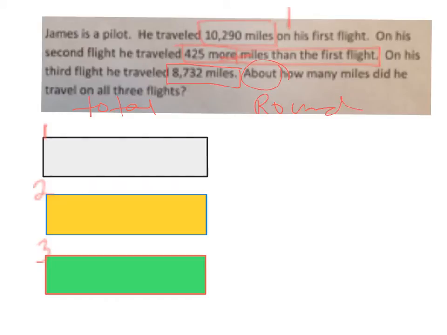So let me go back and use my tape diagrams. Flight number 1, I know I'm going to need 10,290. Flight number 2, it's 425 more than flight number 1, which means I'm going to add 10,290. Flight number 3, I know exactly how many he traveled, 8,732.